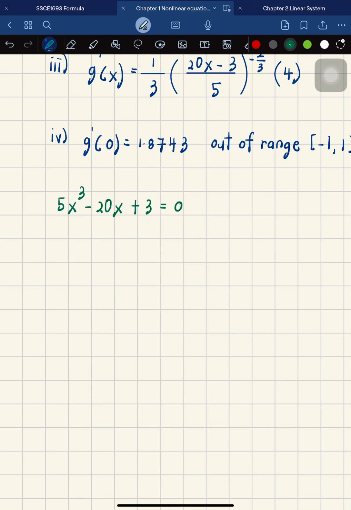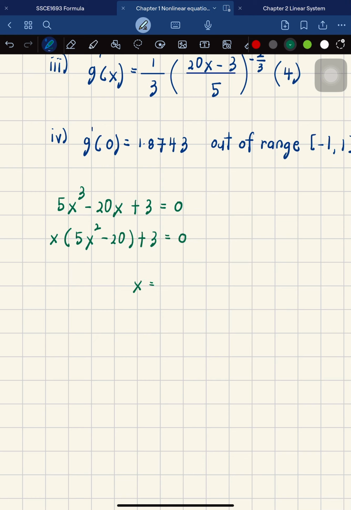So just now from this x and then this x, we also can find another value of x when you factorize x. So we get 5x squared minus 20 plus 3 equal to 0.